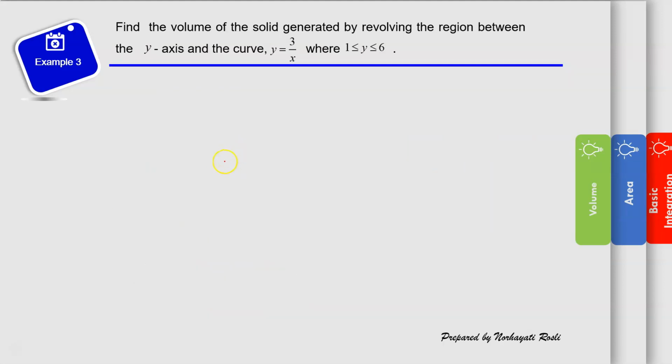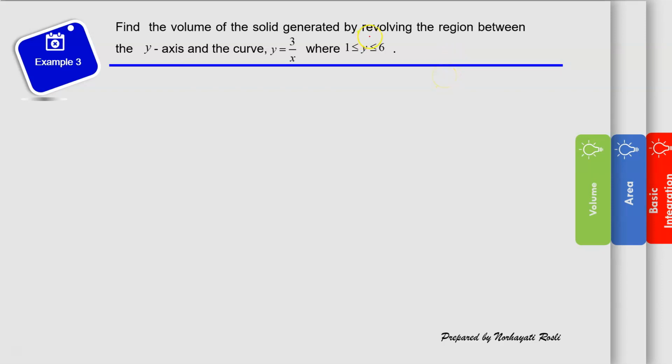Now we go to this example 3. The question asks us to find the volume of the solid generated by revolving the region between the y-axis and the curve y equals 3 over x, where y is between 1 and 6.